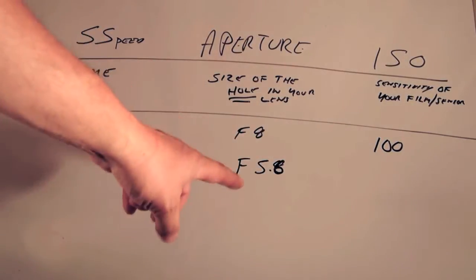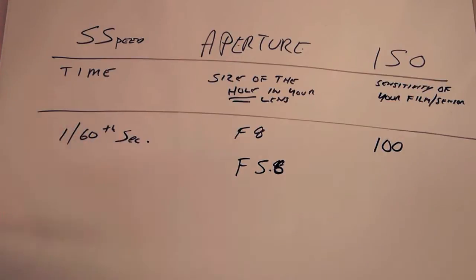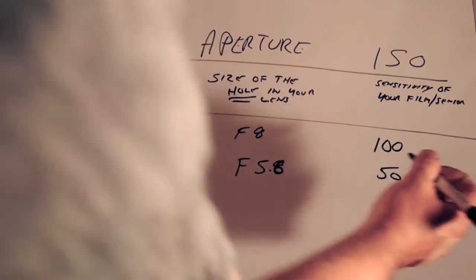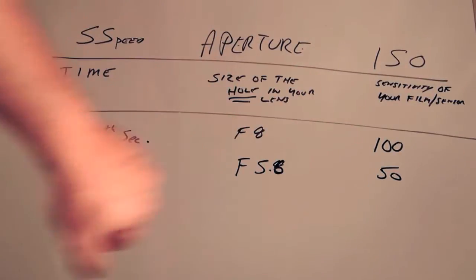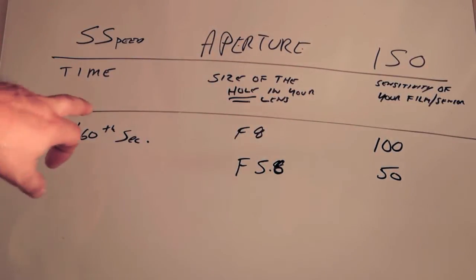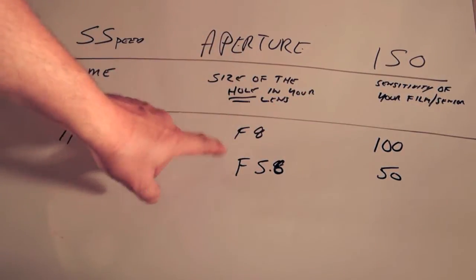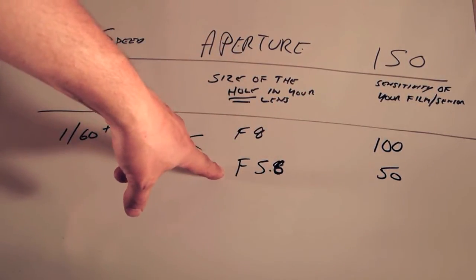That's 1 stop more light. Well, if we went to ISO 50, which is 1 stop less sensitivity, at 1/60th of a second, both at 1/60th of a second, that exposure value is equal. We went down 1 here and up 1 here.